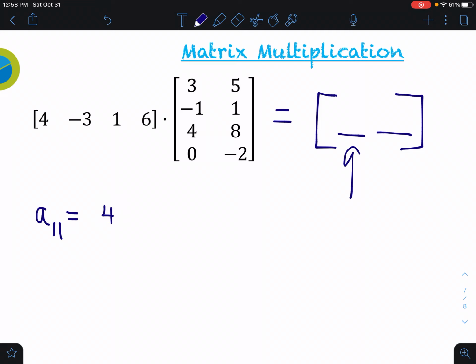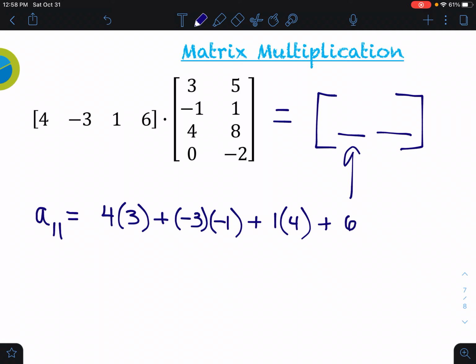So that means 4 times 3. Then we're going to go -3 times -1. And we will always add these in between. So -3 times -1 plus 1 times 4 plus 6 times 0.